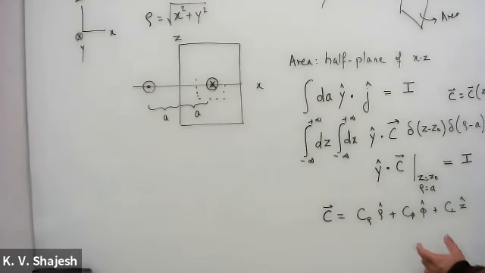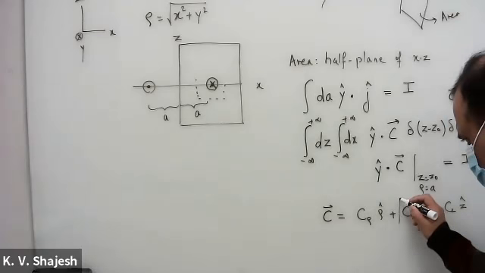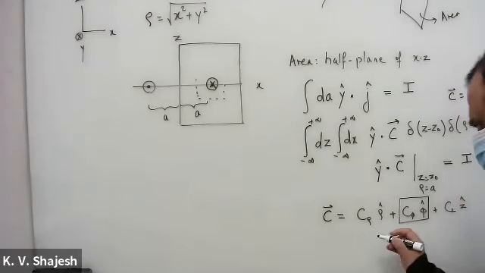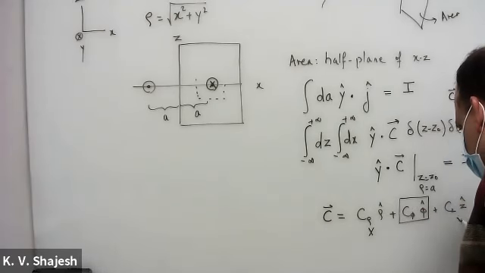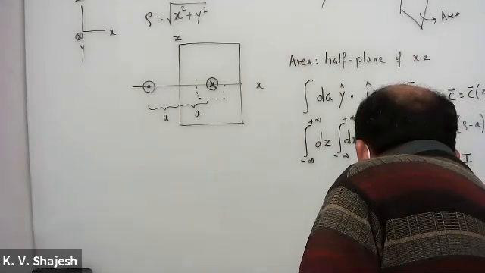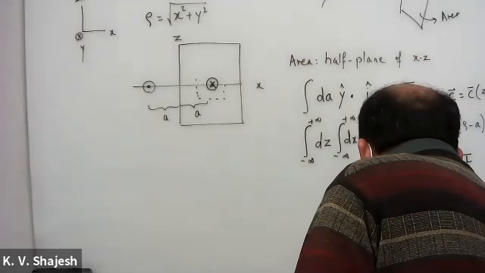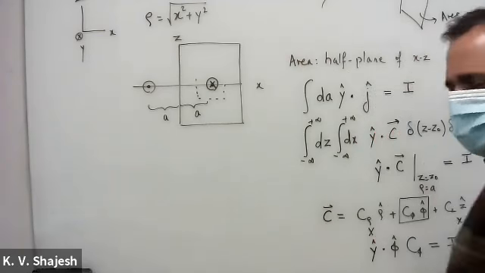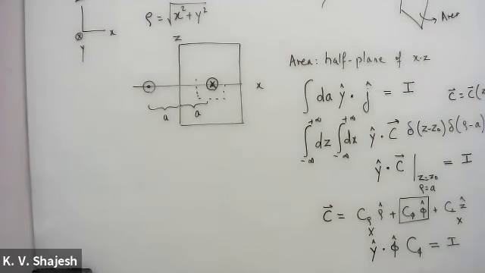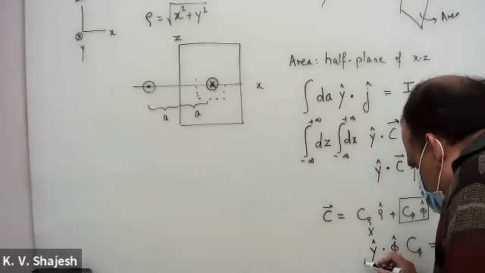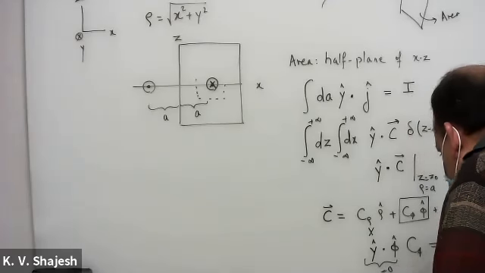So this would have been what would have contributed. So this does not contribute, because of the physical nature of the wire. And what we then have is y hat dotted with phi hat times C of phi is equal to I. In the plane we are talking about, y hat dotted with phi hat is exactly equal to 1. And we get C phi is equal to I.